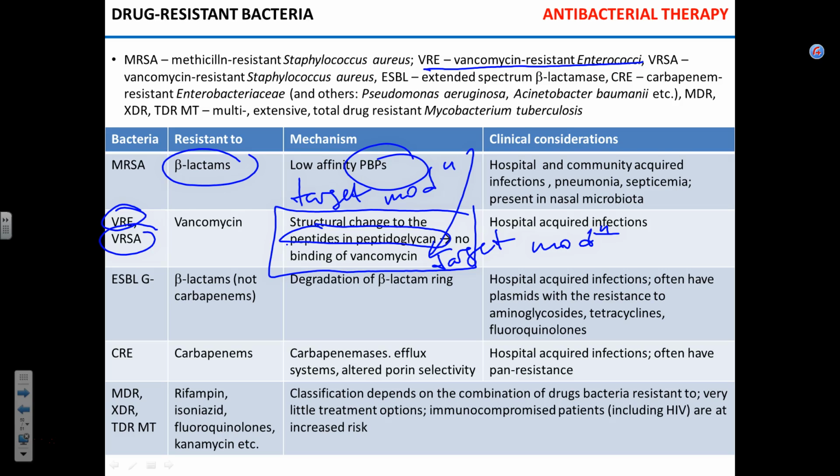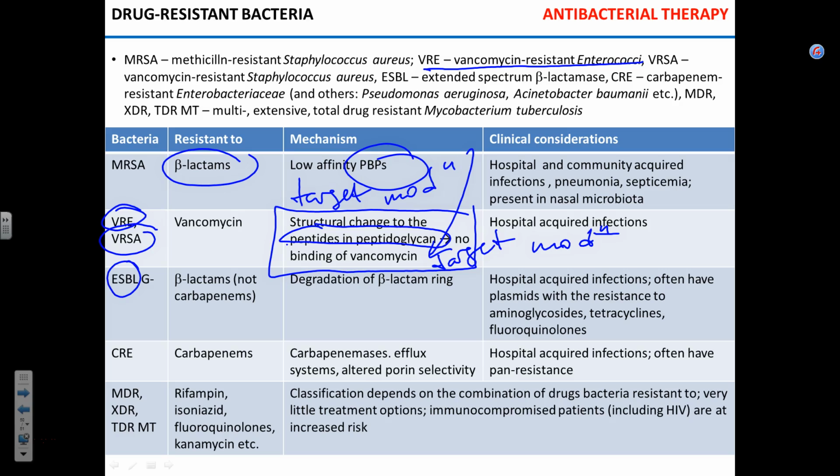ESBL gram-negative. Extended spectrum beta-lactamase gram-negative microbes, which means gram-negatives means E. coli, Salmonella, Shigella, Klebsiella, Enterobacter, all kinds of intestinal microbes.